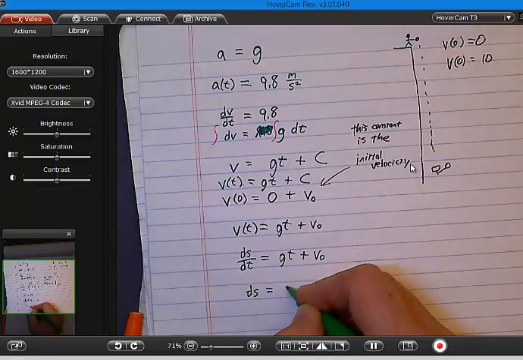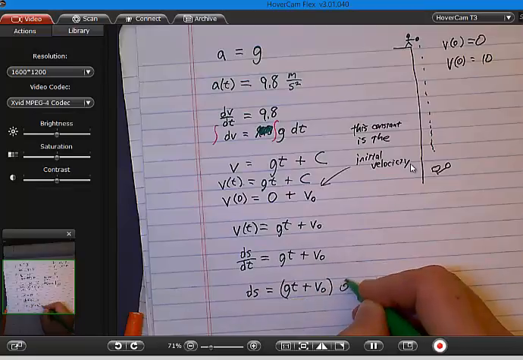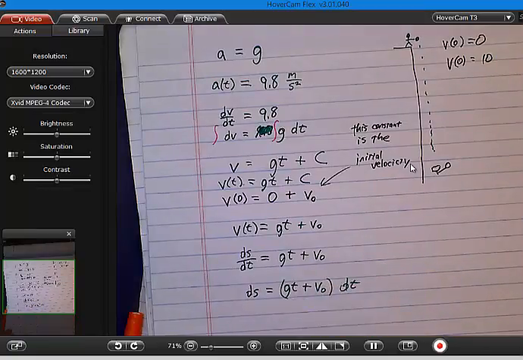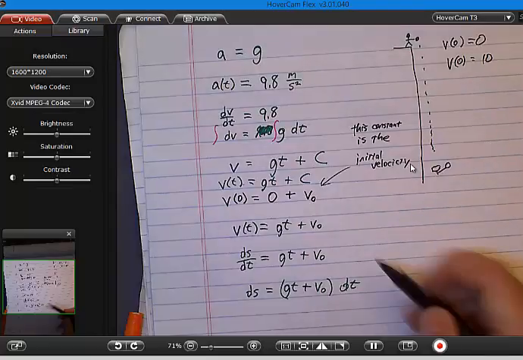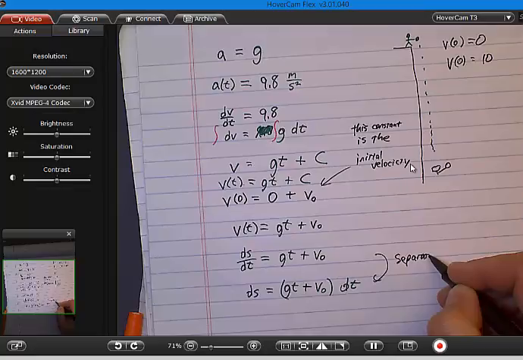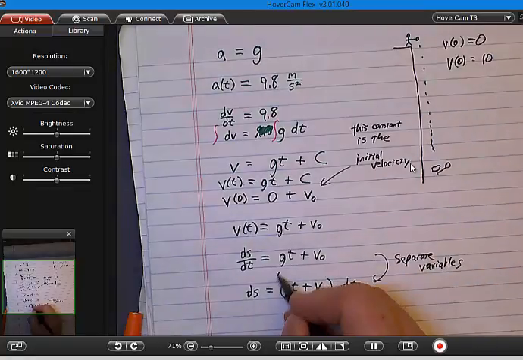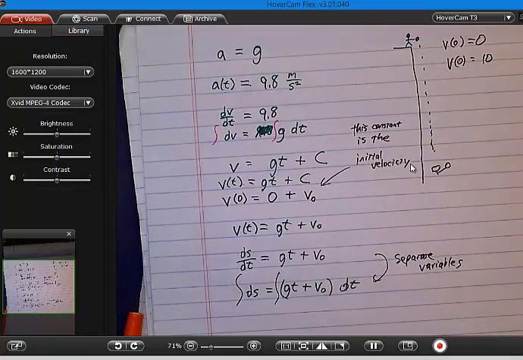So ds is equal to, what move am I doing here, guys? This is called? Good. We're going to separate the variables. We're having so much fun.